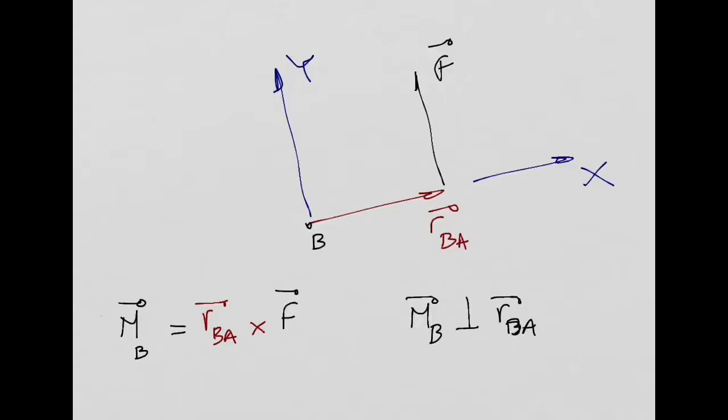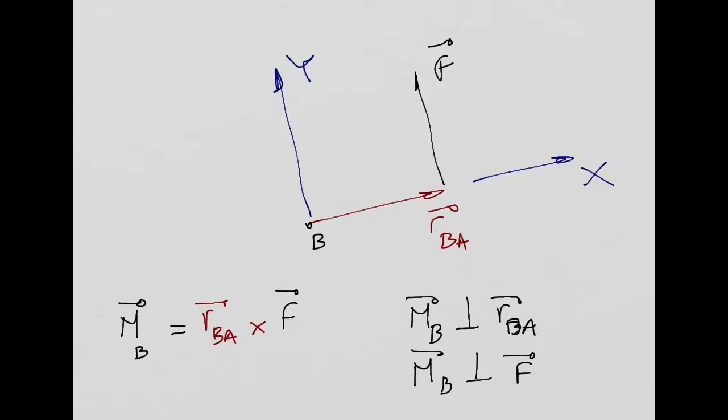And because RBA is coincident with the x direction, it needs to be perpendicular to x in this case. And the moment also needs to be perpendicular to my force F. My force F has the same direction as y, so it also needs to be perpendicular to the y direction.